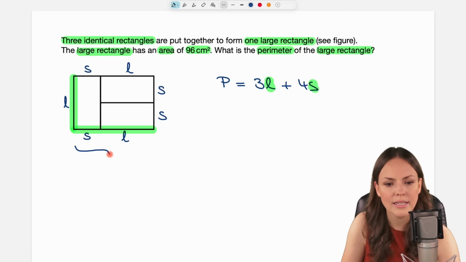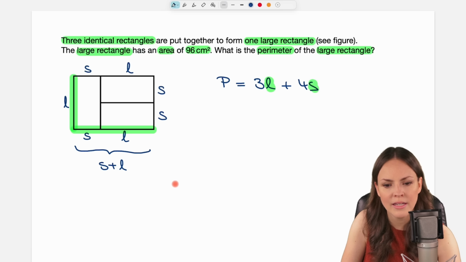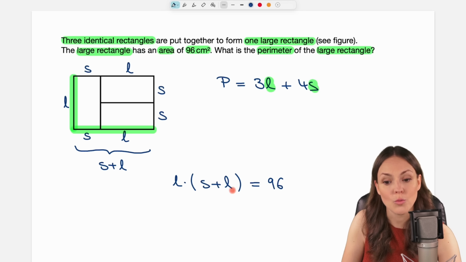So the length here is S plus L then. If we multiply these two, we have L times (S plus L), which we have to write in parentheses, because we have to multiply it by this entire side. And this is then the area of this large rectangle, so it is 96. This is one equation.